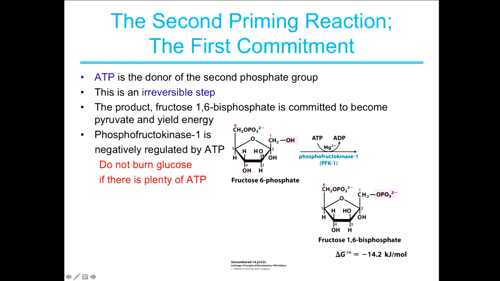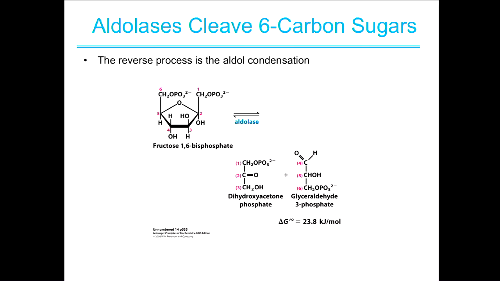Okay, so you don't want to use up all your glucose as soon as you make it, right? You want to store some, you might want to use it for other things. If you have lots of ATP around, you don't need to go through glycolysis, you don't need to use up all your ATP.